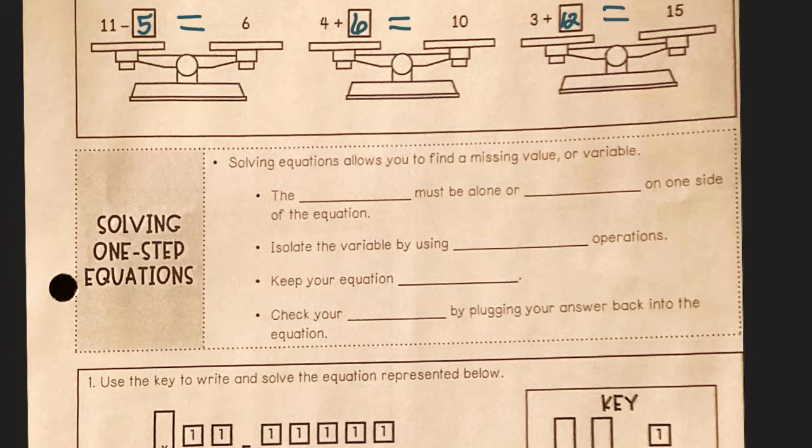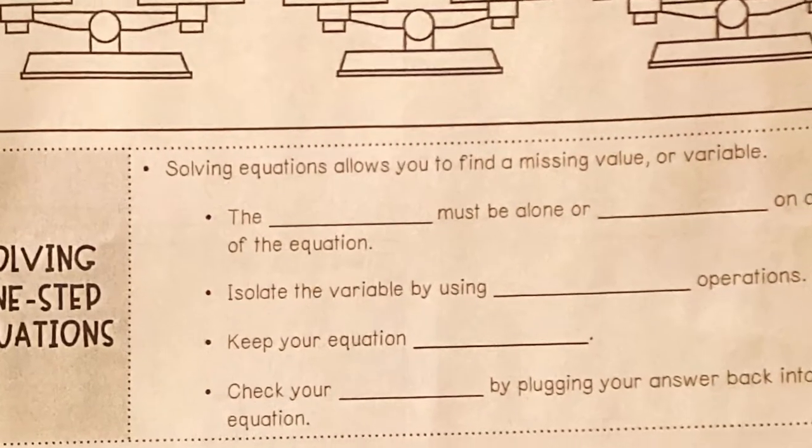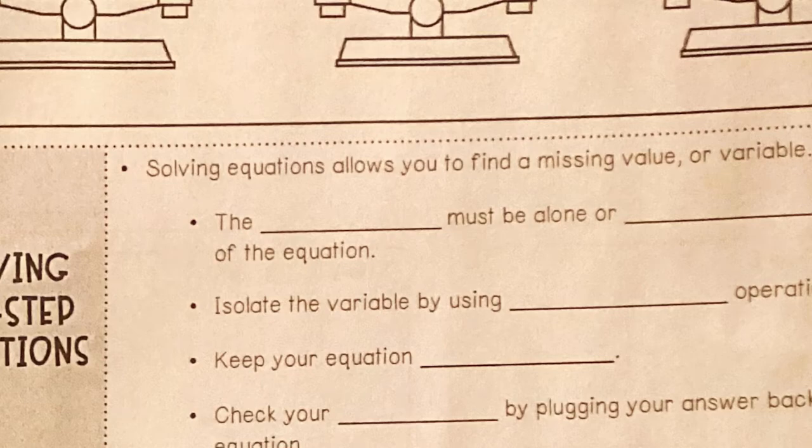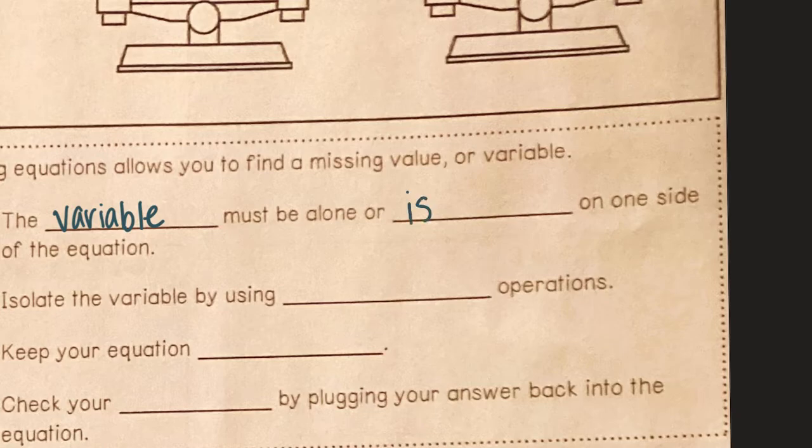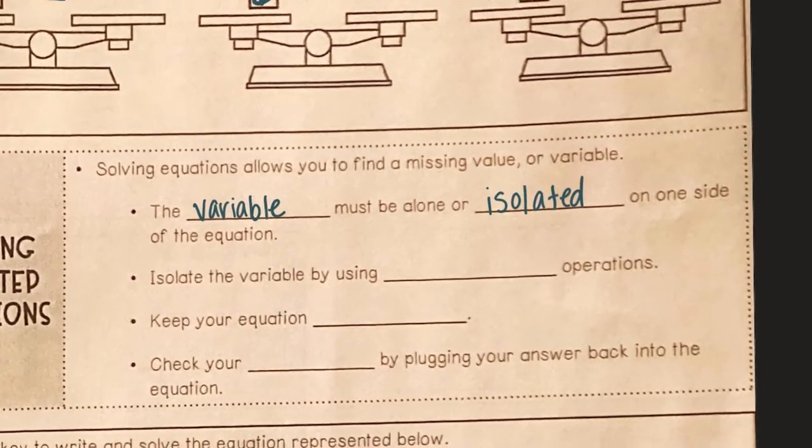So for the first bullet point, the variable must be alone or isolated on one side of the equation. So right here in this first box, I want you to write variable. The variable must be alone or isolated on one side of the equation.